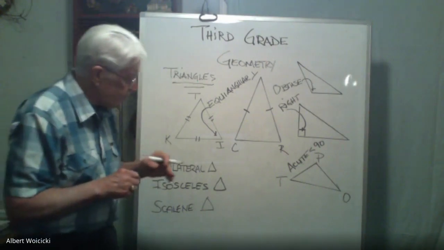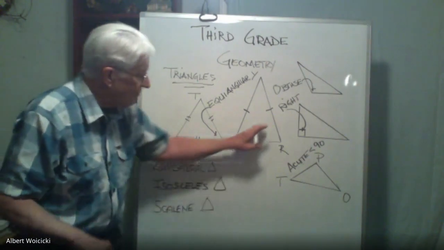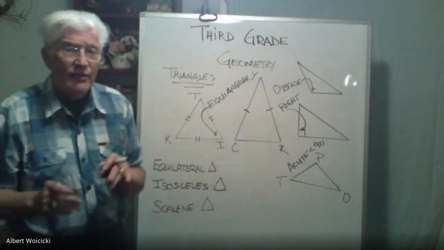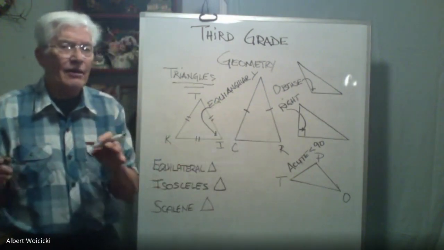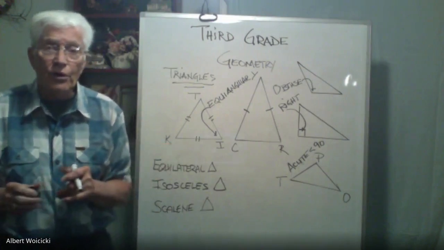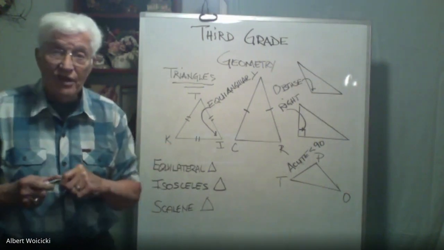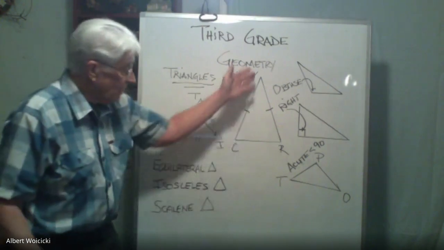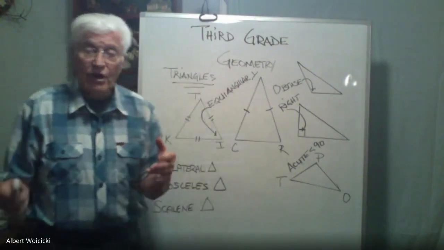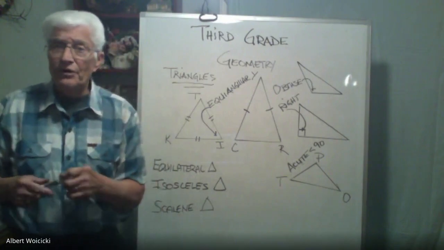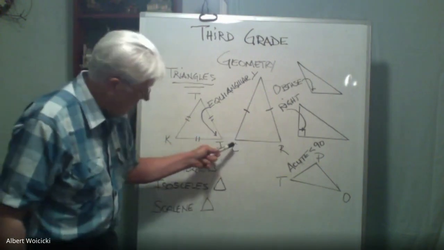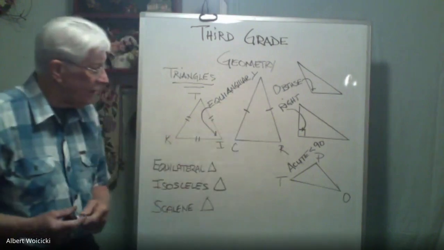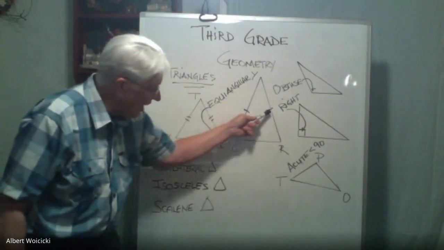Now, the next one has two sides the same. And this is one where they may have seen a lot of these out in the real world. And you might ask them again, where do you see these? So, if they've been to San Francisco and they've seen that big building in the middle of town, it has two sides the same.